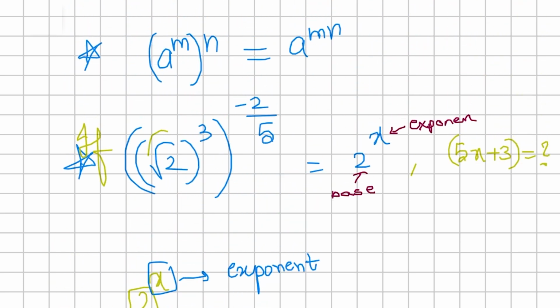Okay. So what can you write now? Root 2 is 2 to the power of half. Whole power: 2 to the power of half to the power of 3 equals 2 to the power of half times 3.